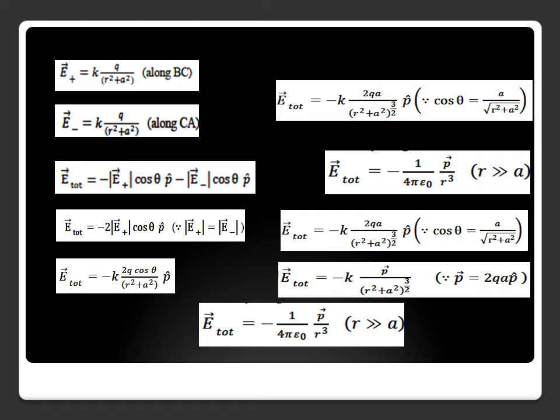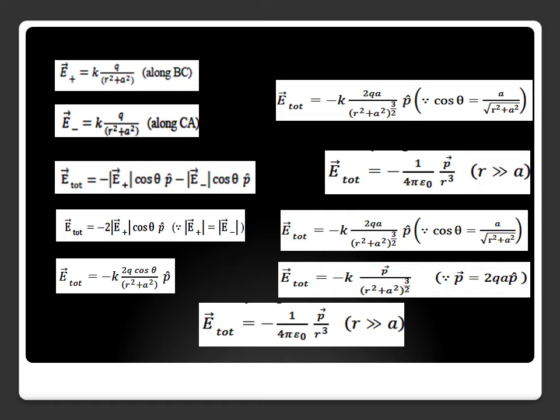Substituting that in this equation, you get 2Qa by r squared plus a squared to the power of 3 by 2. How do you get that 3 by 2? Because E total has r squared plus a squared to the power of 1, whereas cos theta has r squared plus a squared to the power of half. 1 and a half is nothing but 3 by 2. Now 2Qa is equal to p.